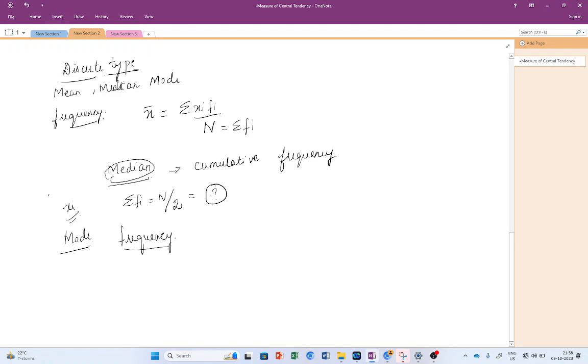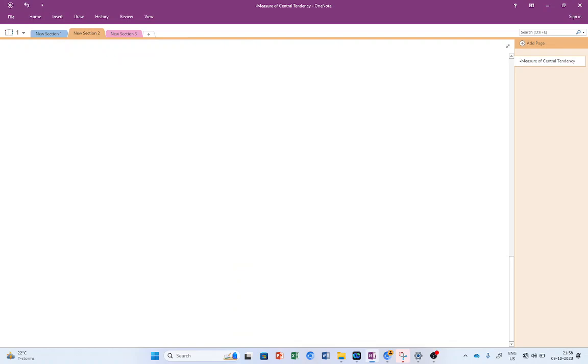So question is, find the mean, median and mode for the following table.